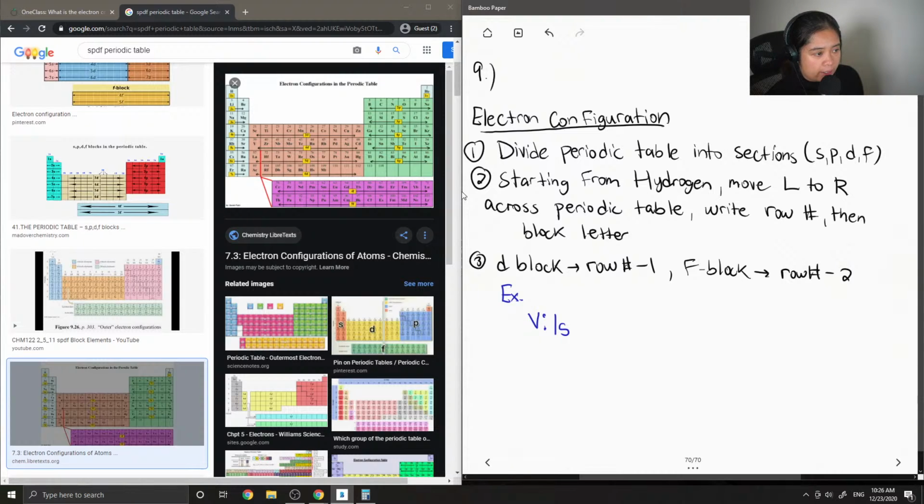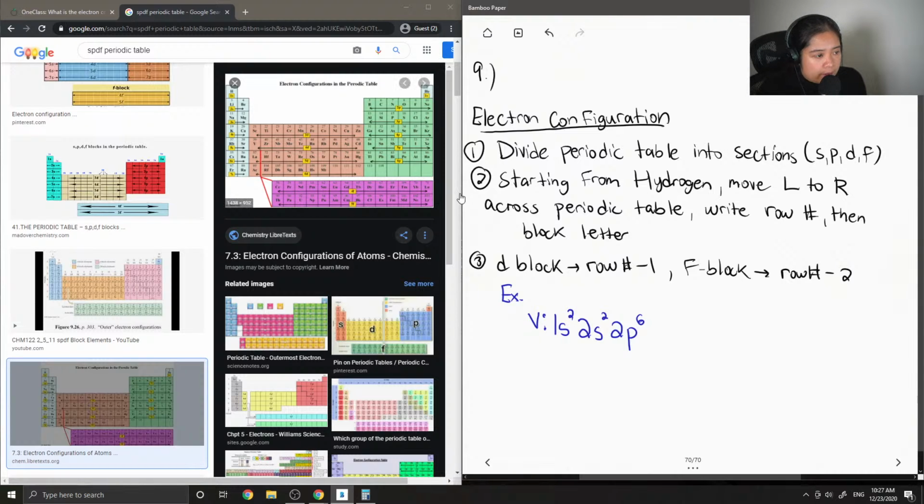So starting at hydrogen, it's 1s over to the helium, so you get 1s2. And then on to the next row, we have 2s2. And then moving across to the p block, we are still in row 2, 2p, and then if you were to count everything in that row, it'll be 2p6.